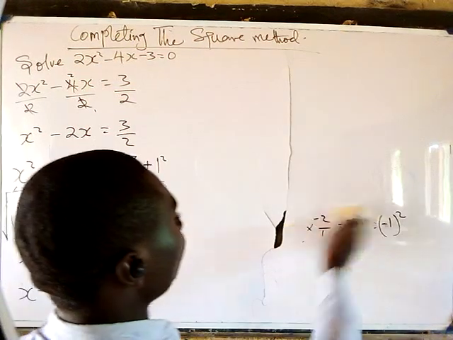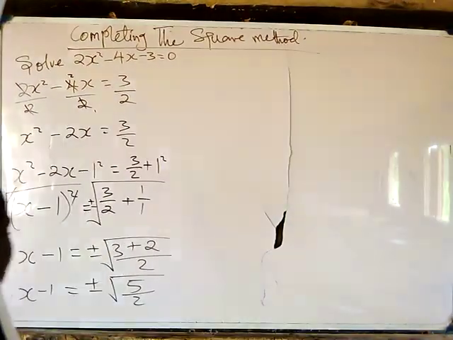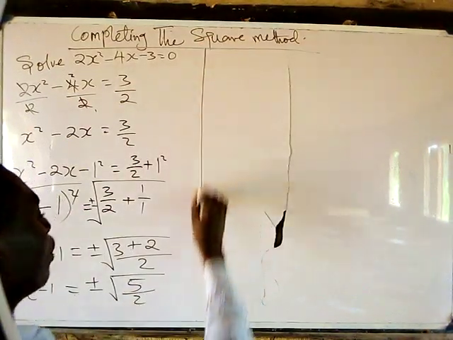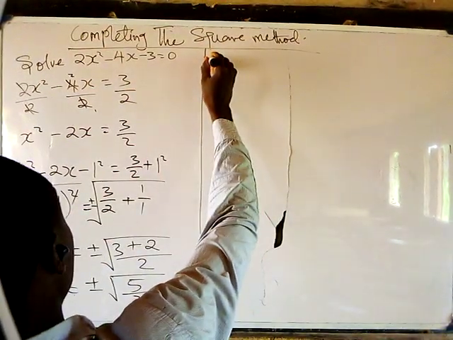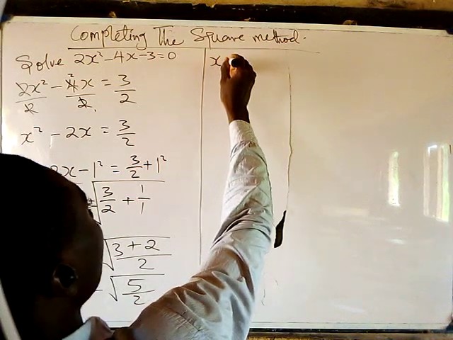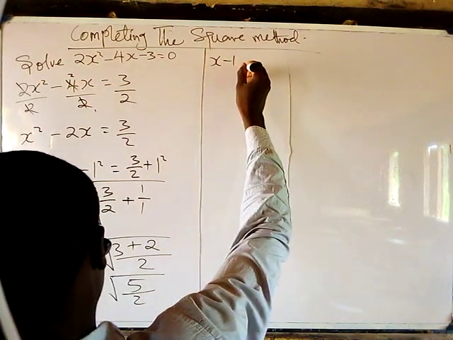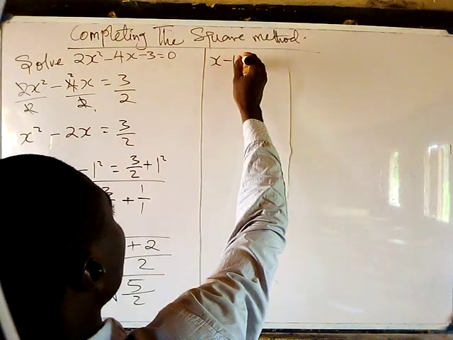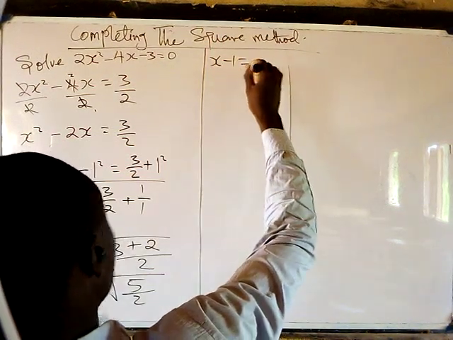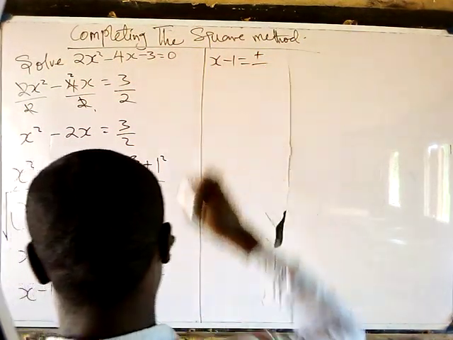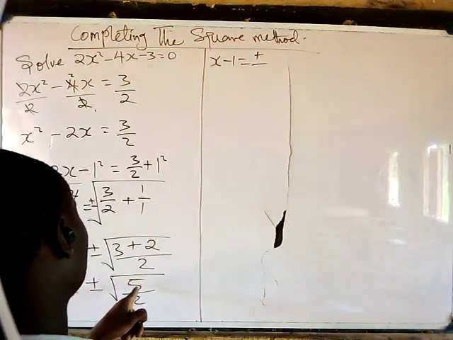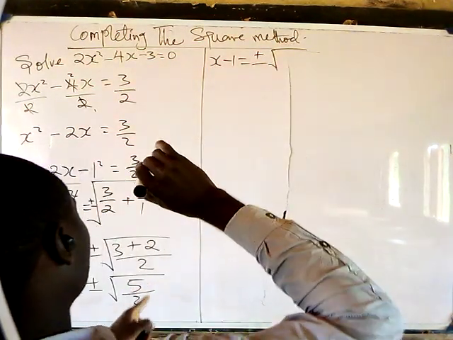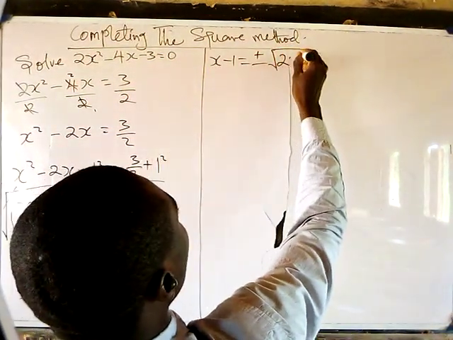So let me wipe this place as we progress. Now, x minus 1 equal to plus minus root of 5 over 2. 5 divided by 2 is 2.5.